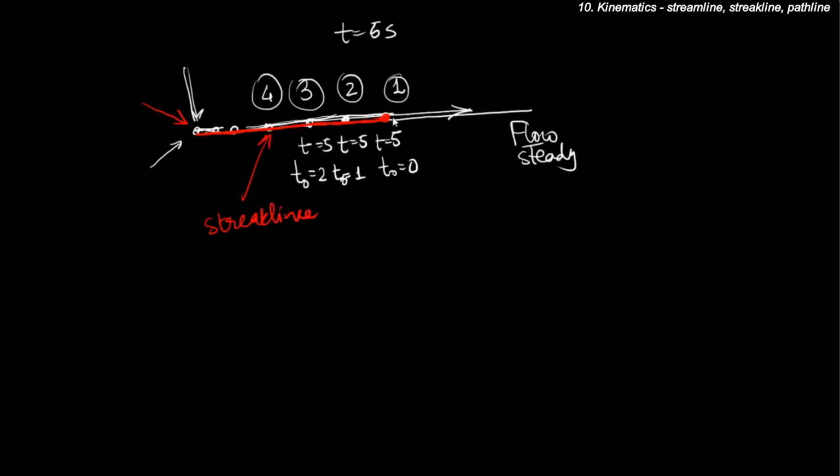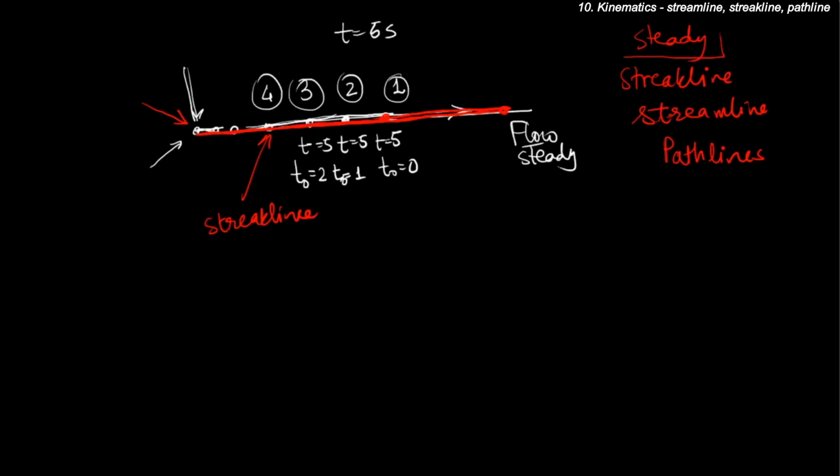As time advances, the streak line will become larger, but it will still coincide with the streamline and all the path lines. So for a steady flow, the streak line lies on the streamline and the path lines also lie on the streamline. So for a steady flow only, streamline, streak line and path line are all identical.